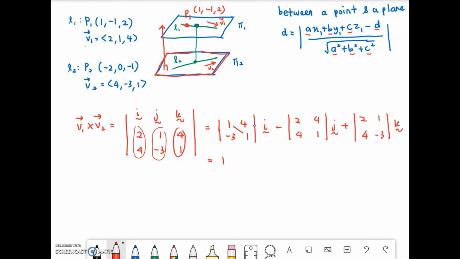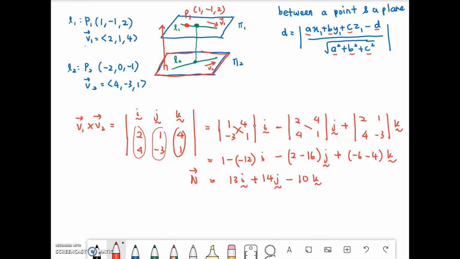So we have 1 minus 4 times -3, which is -12... so the final answer will be 13i plus 14j minus 10k. So this vector is the normal vector for plane 2.